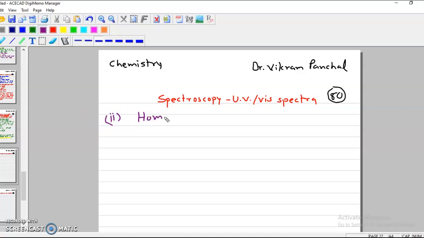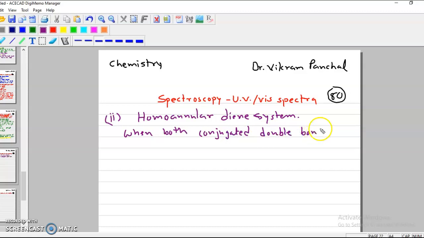Next, the second system is known as homoannular diene system. In this type of system, both double bonds are present in one cyclic ring, both conjugated, that means alternate double bonds present in one cyclic ring of any number of carbons.